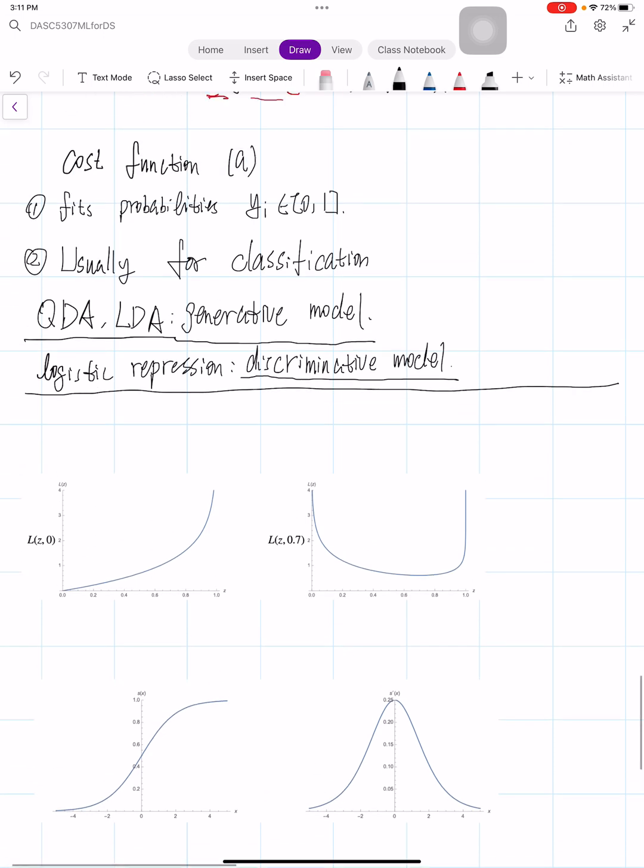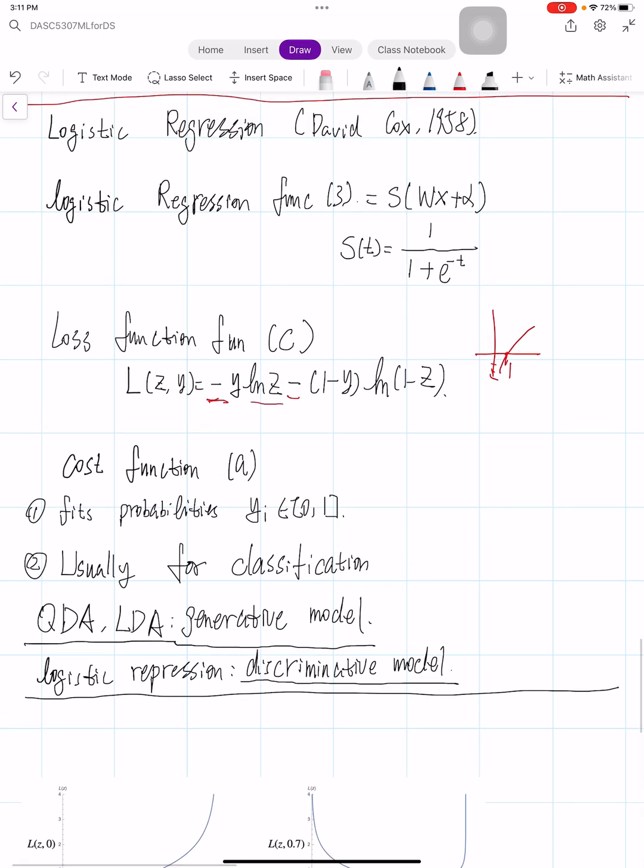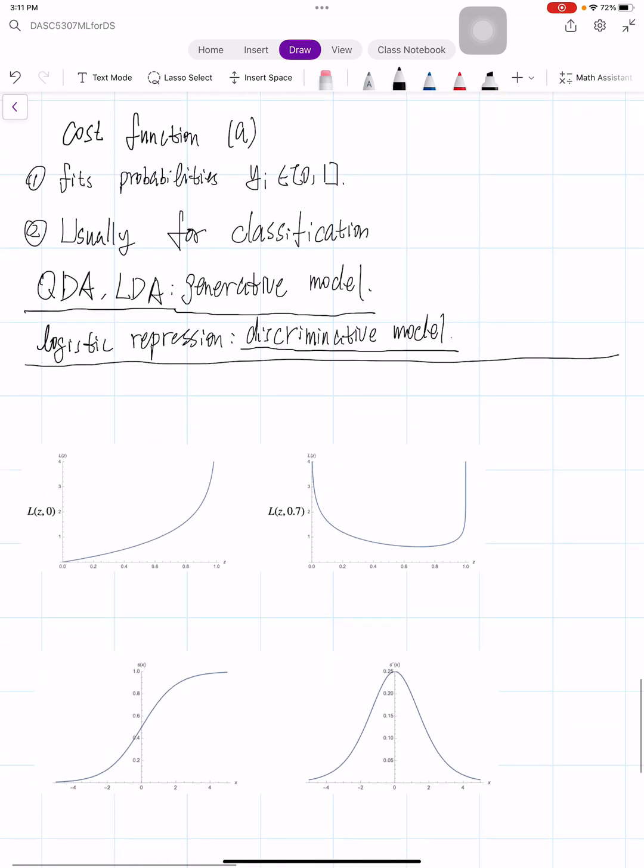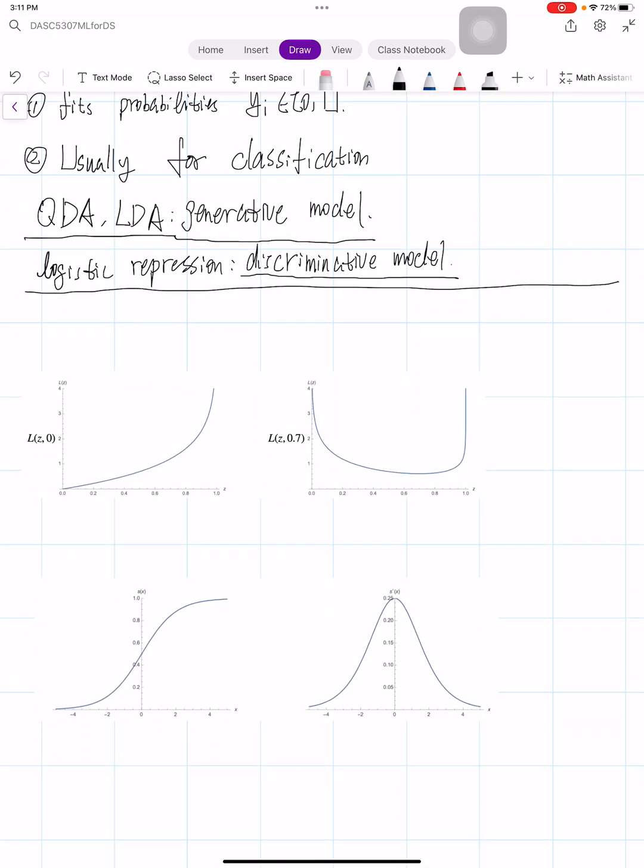Now that we know the regression function and the loss function for logistic regression, we can write down the cost function. Here we denote the cost function as G, which equals the average squared loss of the logistic regression, written as the logistic function of xi times w, with yi. We assume the design matrix has a 1 inside, so this model does have the intercept.